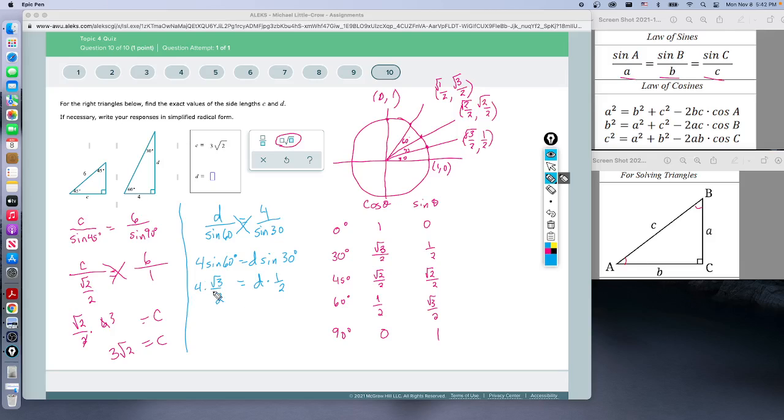On the left side, the 2 goes into 4, so we get 2 square root of 3, and on this side we get d divided by 2. Multiply both sides by 2, and 2 times 2 is 4 square root of 3. That's the length of d. And again, that's using the law of sines.